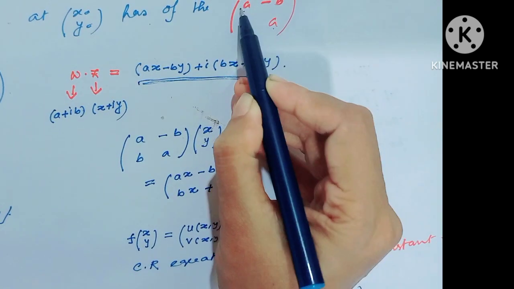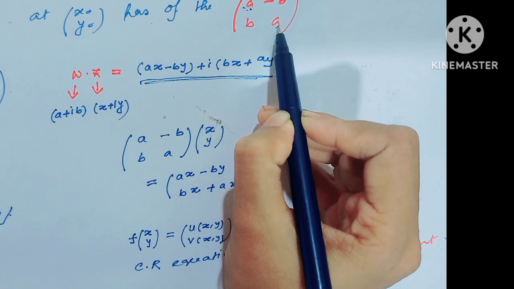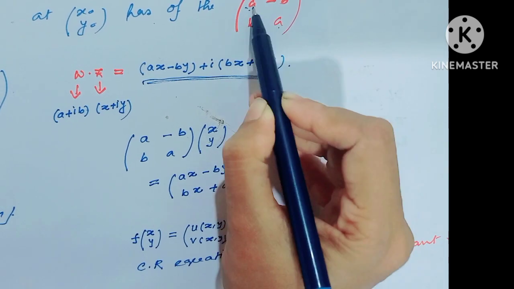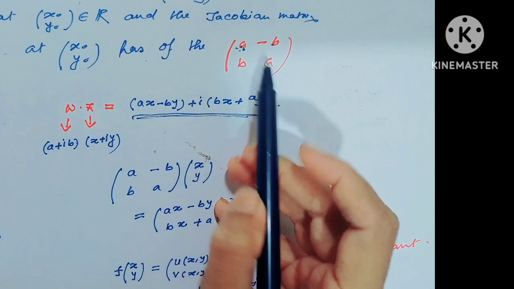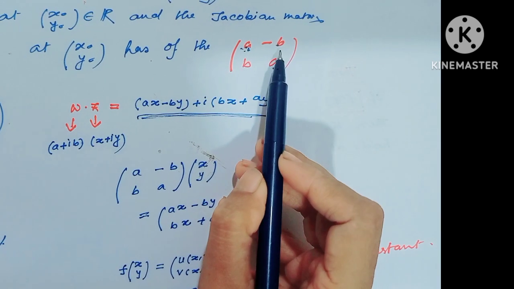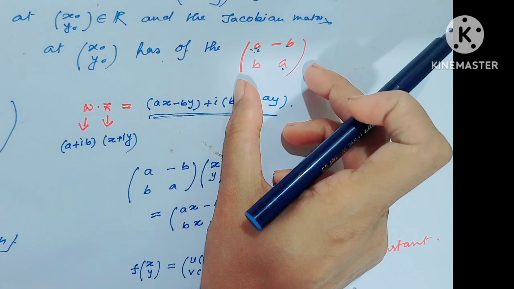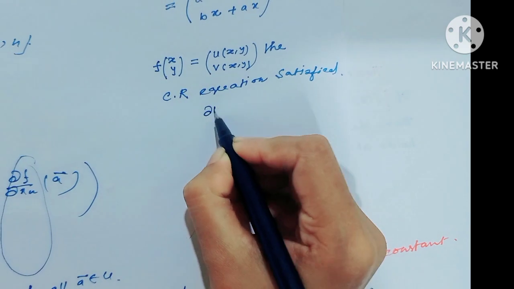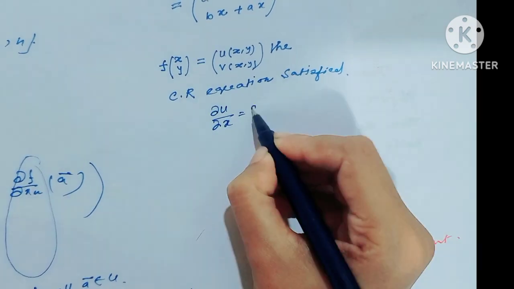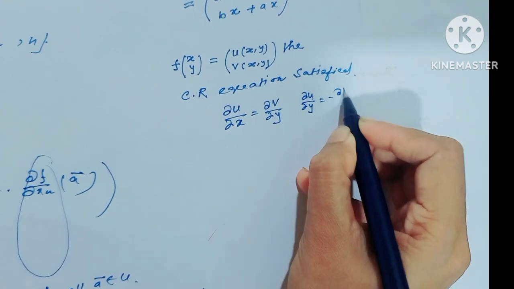From this Jacobian matrix we can tell del u del x equals del v del y, and del u del y equals minus del v del x, because the Jacobian matrix is constructed from partial derivatives.